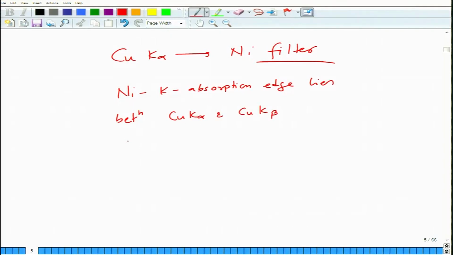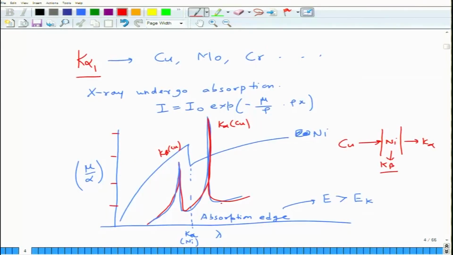So, such that E of Cu K beta is higher than E K of nickel, which is higher than E of Cu K alpha. So basically it will absorb this, but not that, because you see the lambda has a different relation, the lambda is on the higher side.